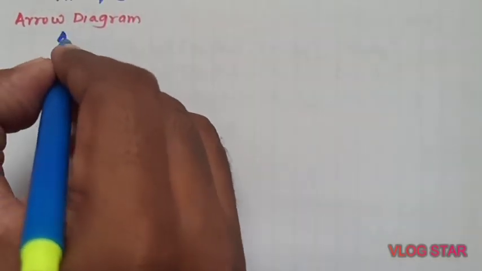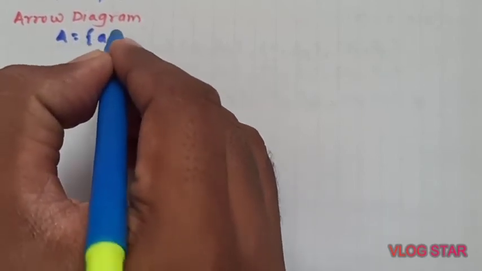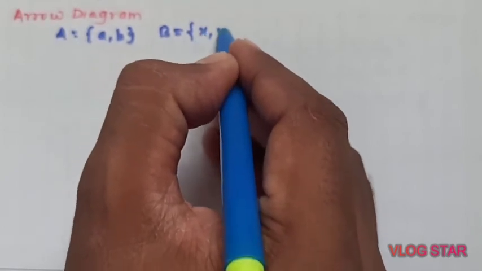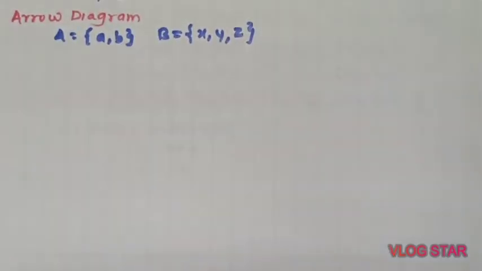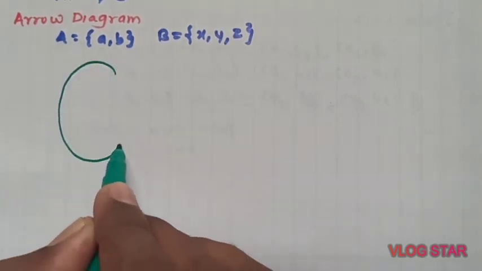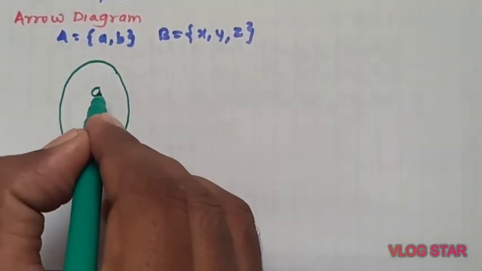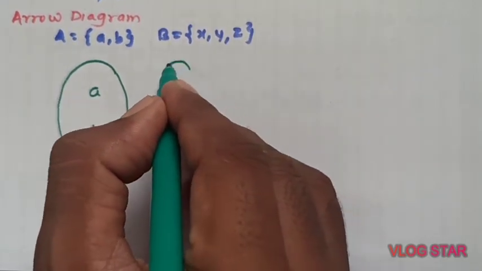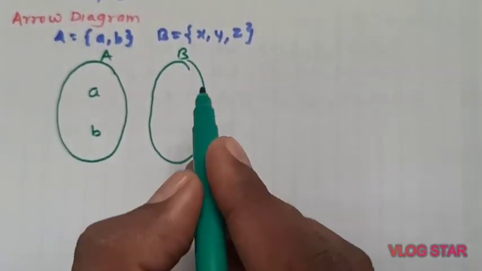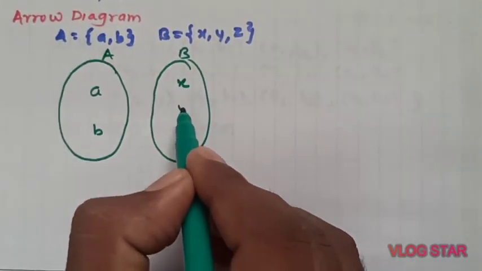Can we represent same set in the diagrammatic format? Cartesian product? Yes, we can. As we have A contains members a, b and your B contains members x, y and z. So I can show it in the picture form in arrow diagram. This is set A, this is set B. A contains a and b, whereas B contains x, y and z.